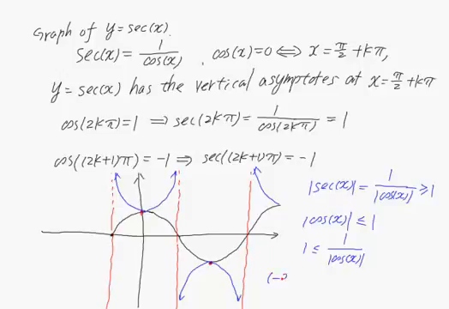That is from negative infinity to -1, union the interval from positive 1 to positive infinity. Actually, this is the solution of this inequality involving absolute values, right? So this is the range of the secant function.